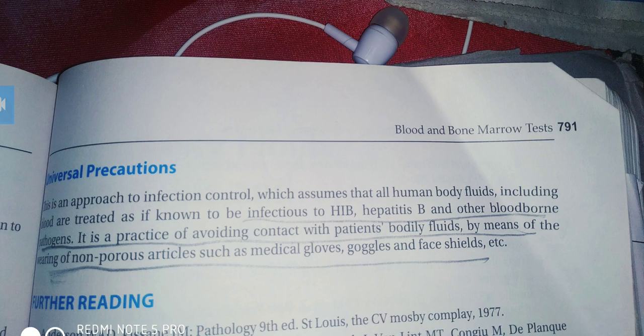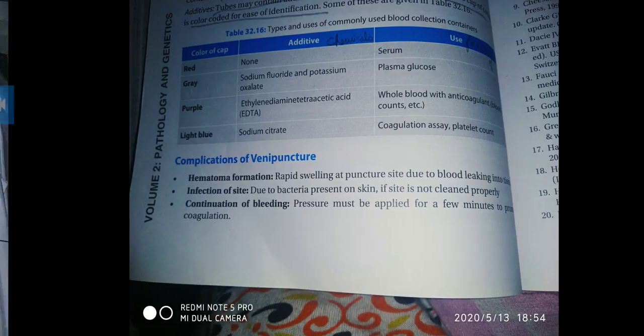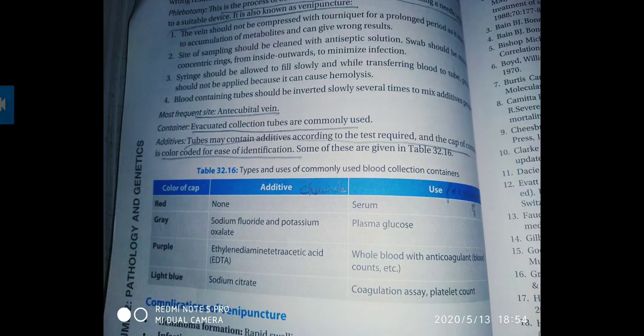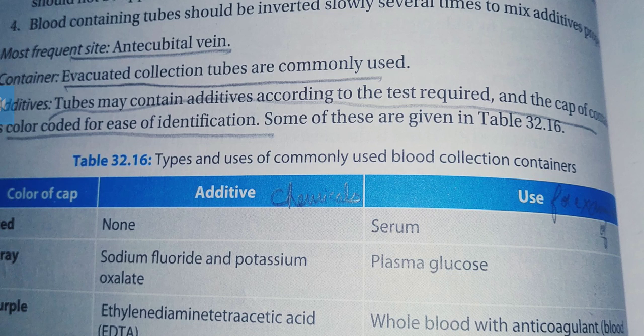So till now I have made you study these things. I would like to summarize all the topics which I made you study from the beginning. This was the last part of this chapter. Firstly we discussed the blood test.